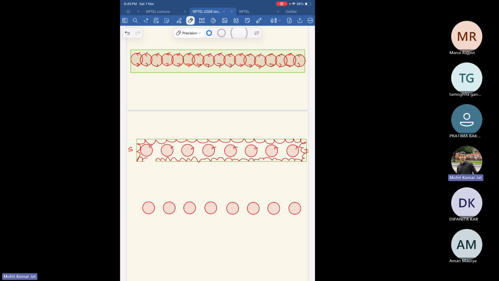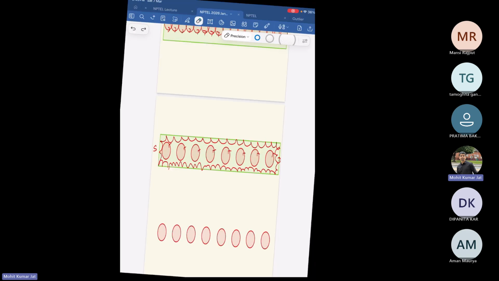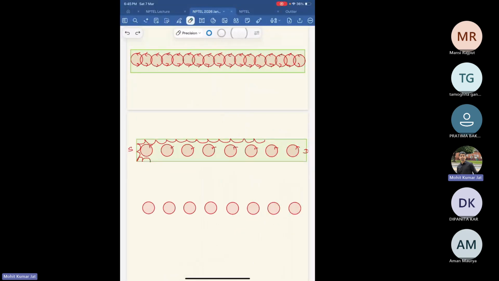I have made a mistake. All of these semicircles should be of the same radii, not different radii, otherwise the physical picture is incorrect.